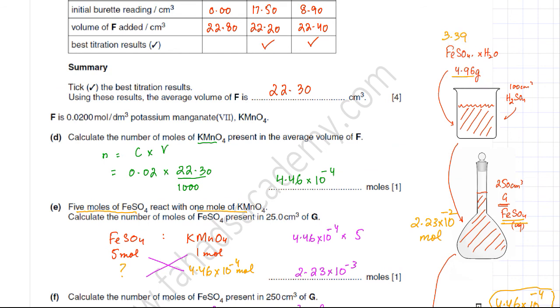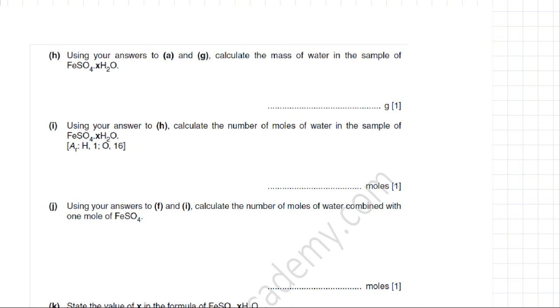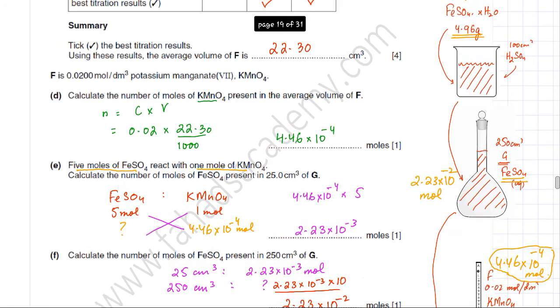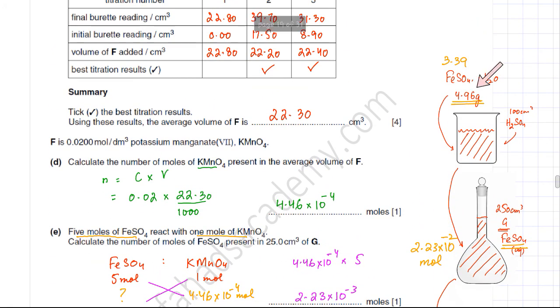So in this original sample of the salt, the rest of the mass is going to be made up of water. This is exactly what is being asked in part H. Using answers to A and G, calculate the mass of water in the sample of FeSO4.